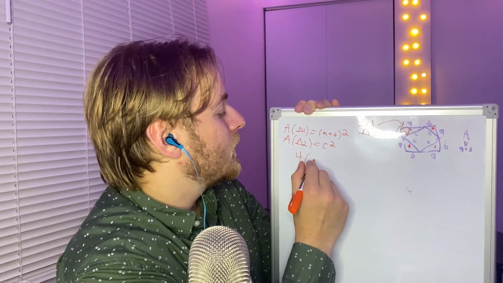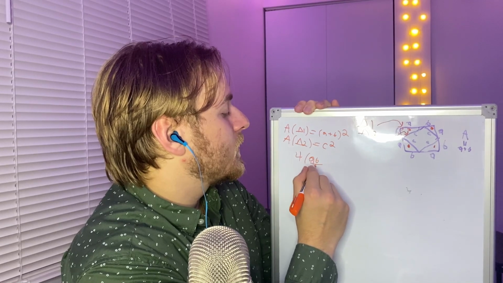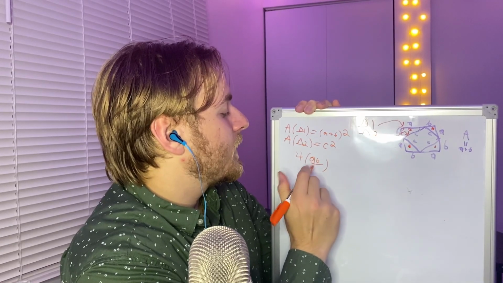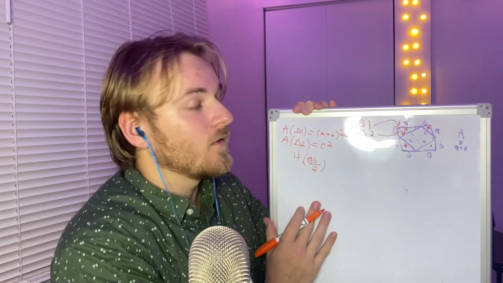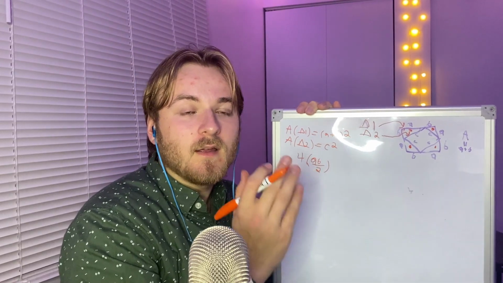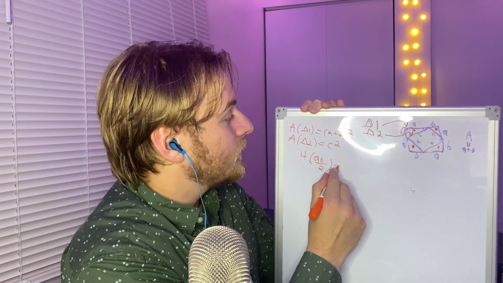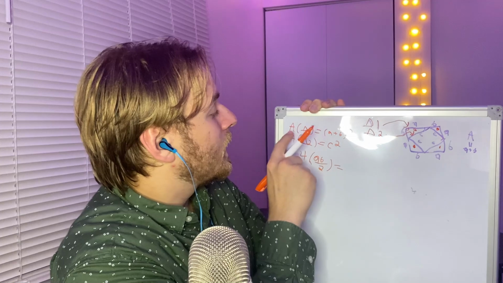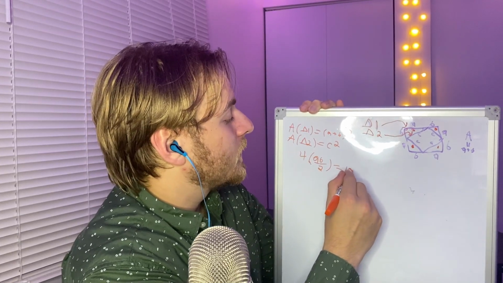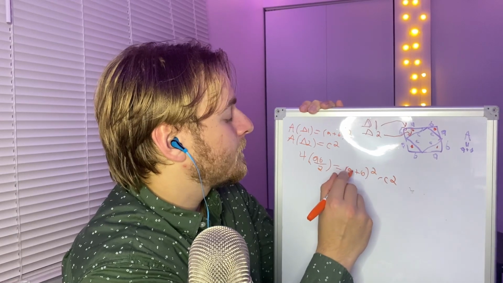So we have 4 times ab over 2. And that's just the definition of the area of a triangle: width times height over 2. So those 4 regions are equal to our area of triangle 1 minus our area of triangle 2: (a plus b) squared minus c squared.